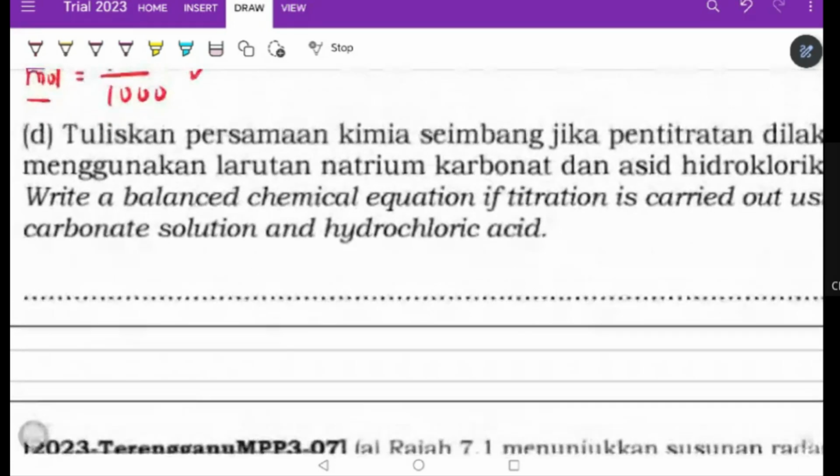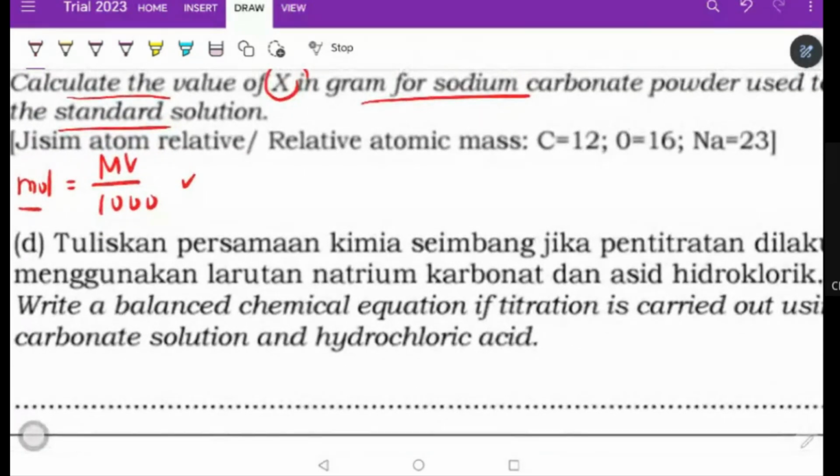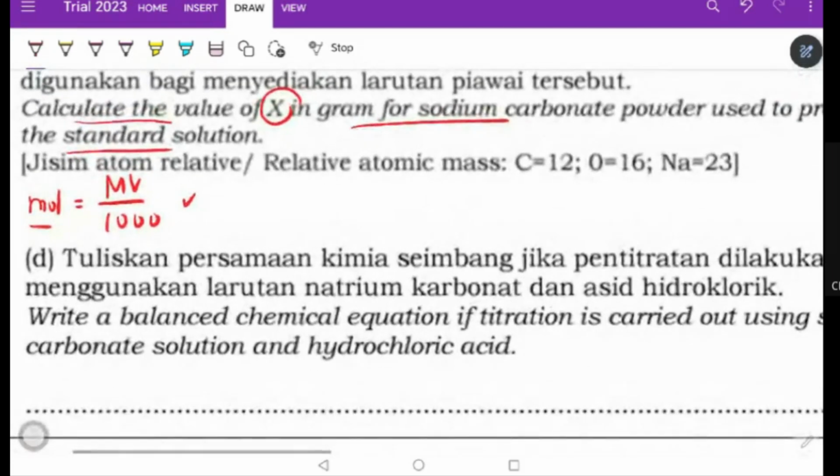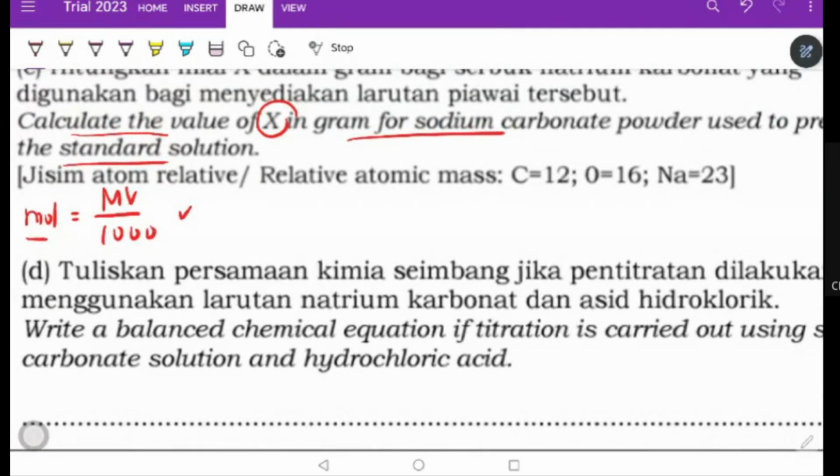Which page? Anyone tell us what page is that? Muka surat berapa? Okay, thank you. Hello, 113. Okay, so hello sudah kira berapa mau?